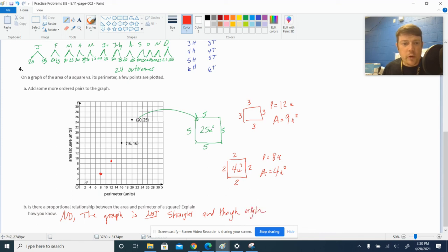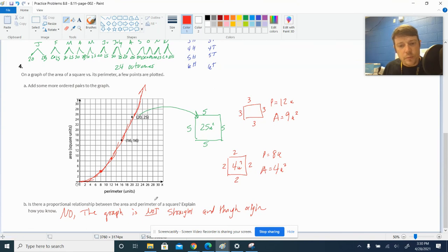In fact, if you were to graph it properly, it would have a nice little curvature to it, something like this. Not straight, definitely curved. So not straight is the main thing there. It would actually go through the origin, but you can't have a square with 0 length sides, so that's impossible.